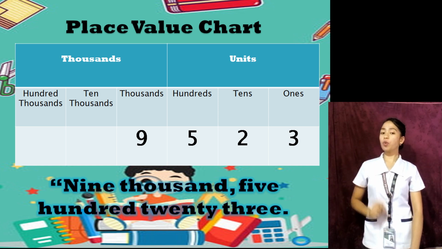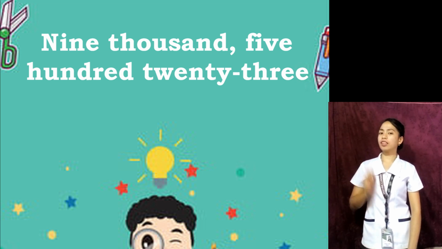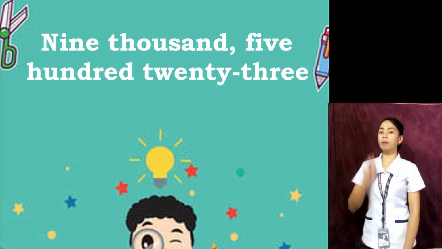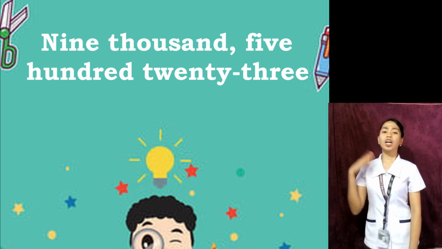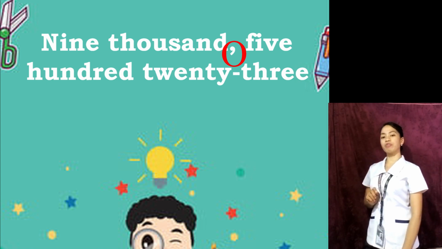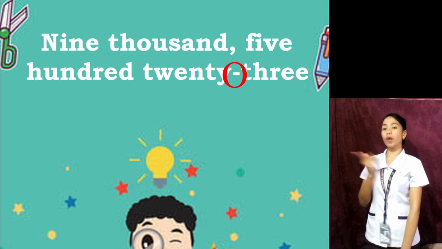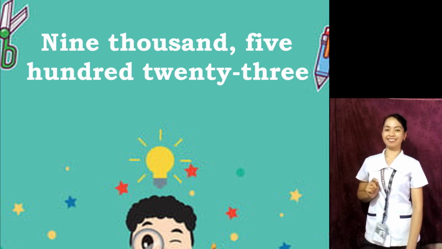To write in words 9,523, we must insert a comma between thousands and 5 and a hyphen between 20 and 3.